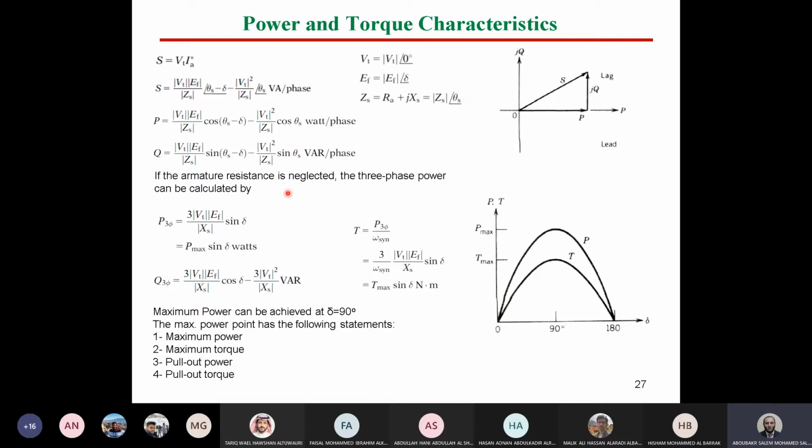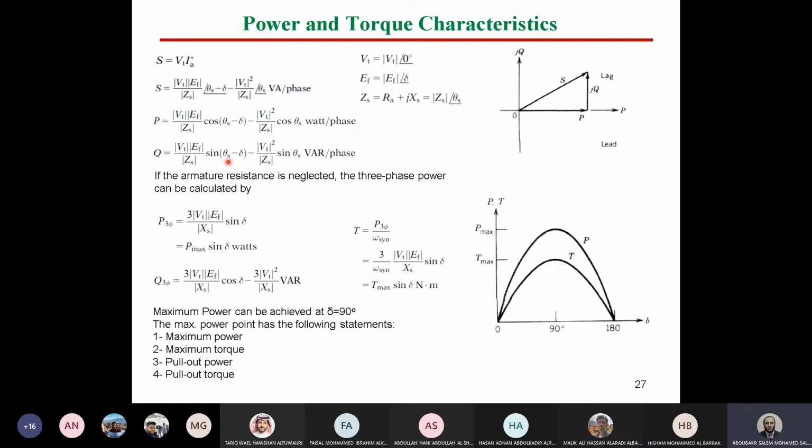Now, for synchronous generators, we can neglect the armature resistance, because due to the high current the resistance will be very, very small, due to the high cross-section area of the windings.